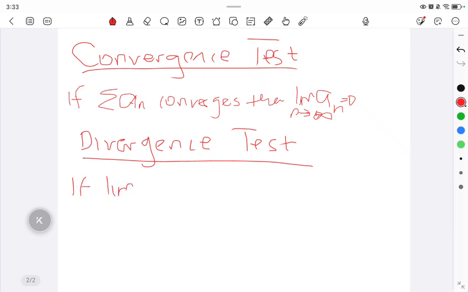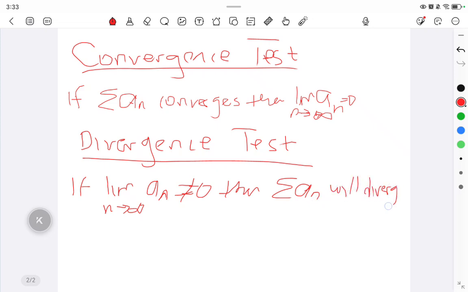It says that if the limit as n approaches infinity of an is not equal to 0, then the summation of an will diverge. You see, right? So if I take the limit of an and find that it's not 0, then I know that this series is going to diverge.